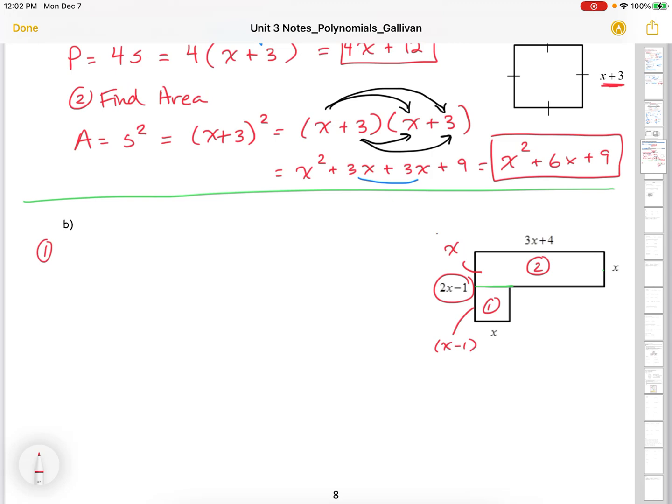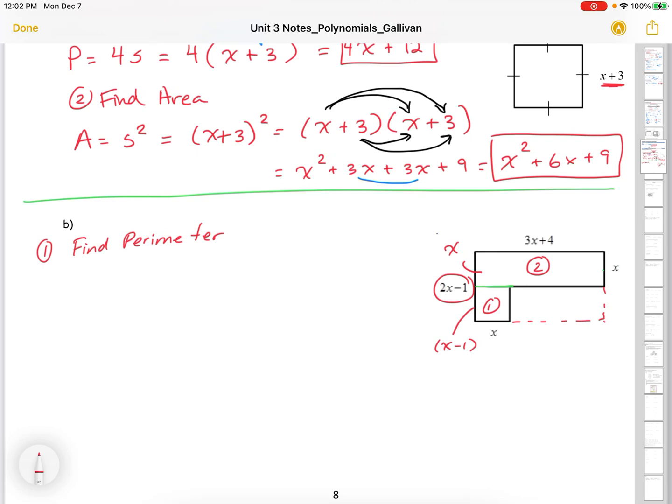So first thing we're going to do is find the perimeter. This would be like a normal rectangle if these sides were expanded out, right? And those are the same lengths.